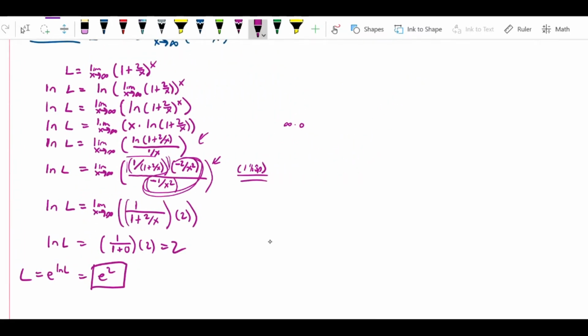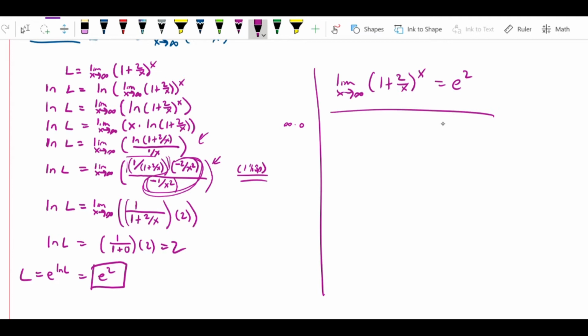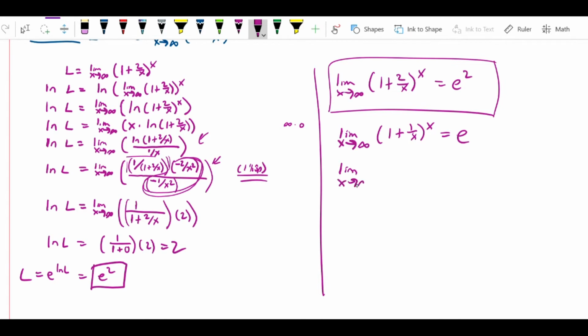So notice the assertion here is that the limit as x approaches infinity of (1 + 2/x)^x equals e squared. It's a useful fact to remember. It's actually a very important fact to remember for Calc 1, and especially going on to Calc 2, because we make use of it a lot, that the limit as x approaches infinity of (1 + 1/x)^x is equal to e. You'll also see this in the form ((x + 1)/x)^x equals e.